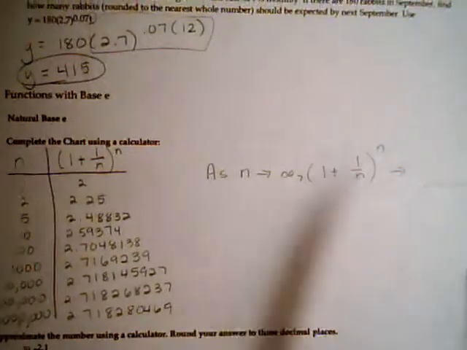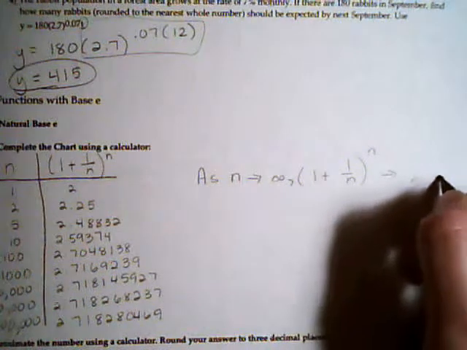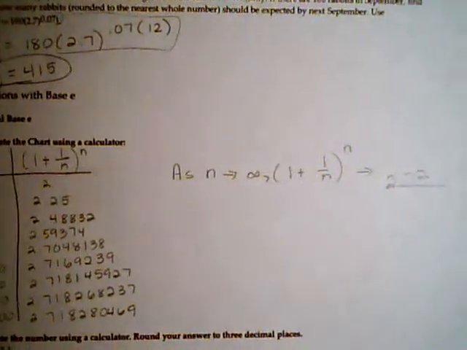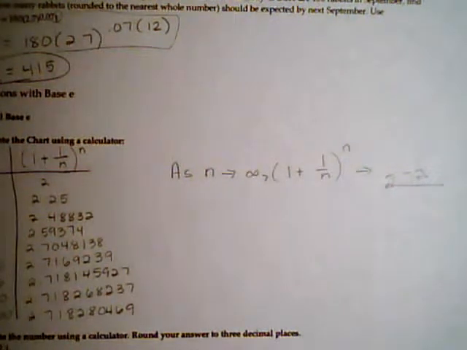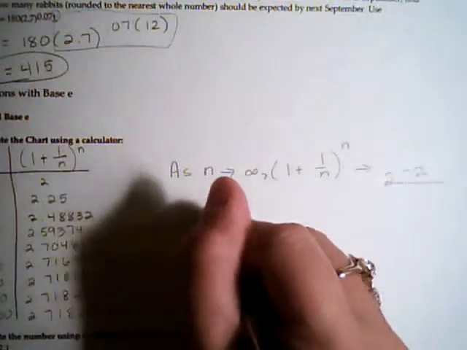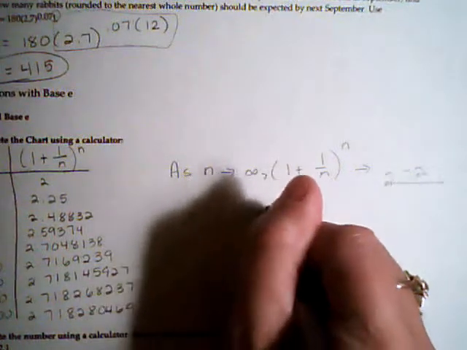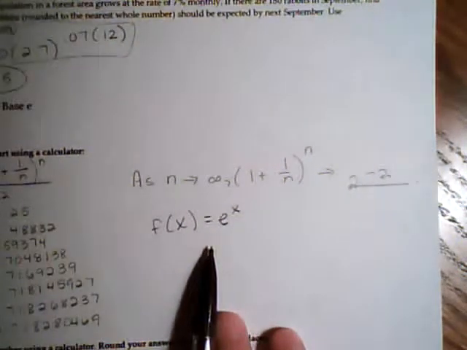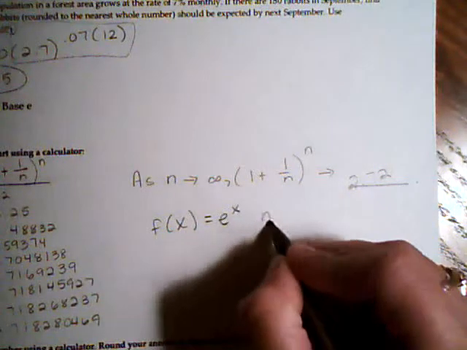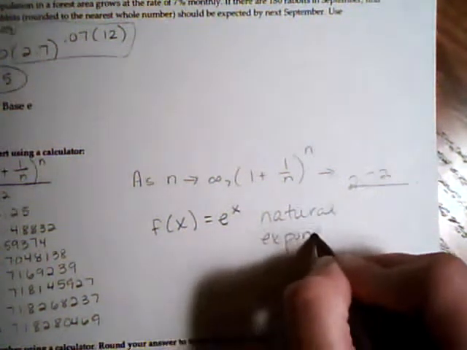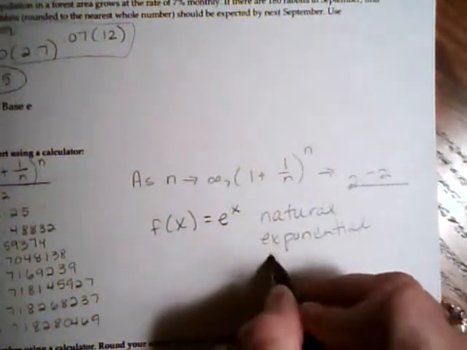We say that it's approximately 2.72, rounded off, and we say that that is the value of e, the natural base e. So the function f of x equals e to the x is called our natural exponential function.